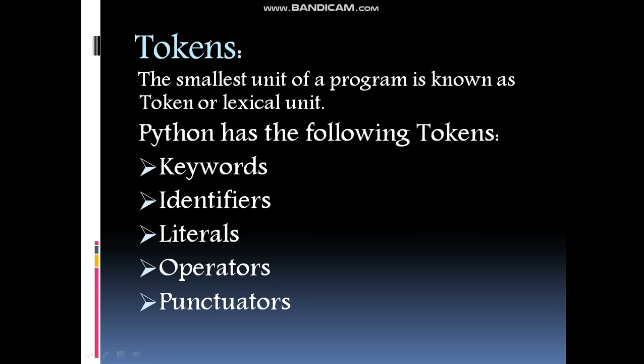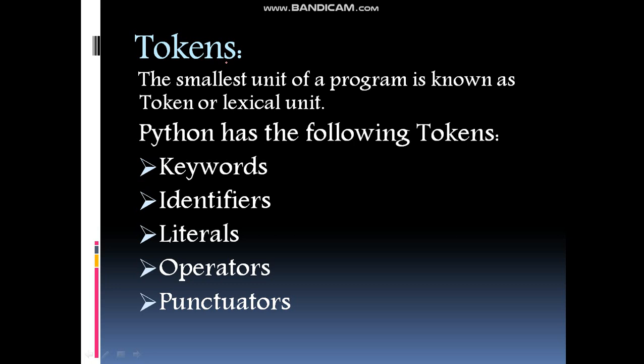Now tokens. What is a token? A token is the smallest unit of a program. For example, whenever we speak about the smallest part of a language, we generally use the term word, right? An alphabet is the smallest character, and a digit is also a smallest character, but to represent a particular thing, we use the term word.